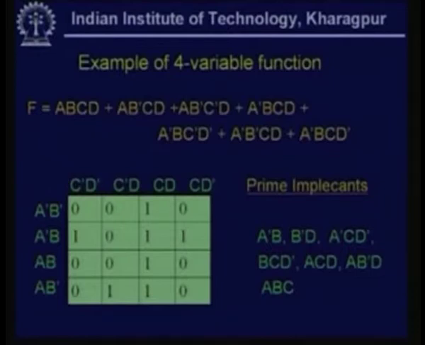So, if I take this example, we see how many quads: this is one quad, this is one quad. Now, what we can do, there can be many couples.